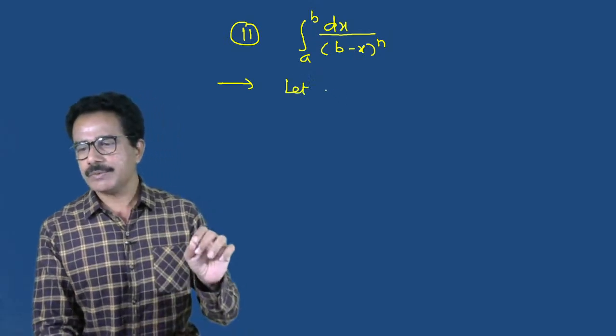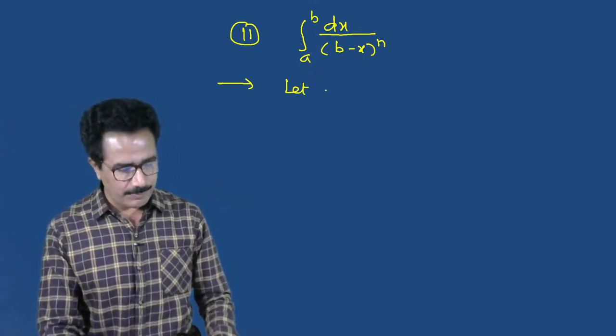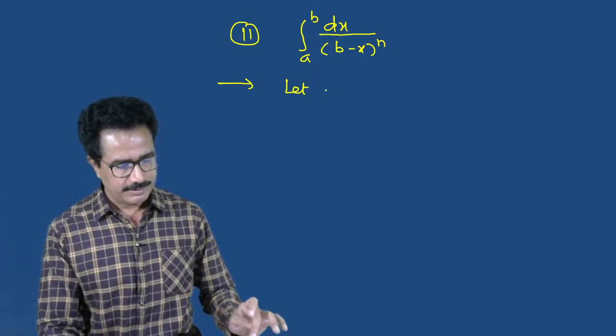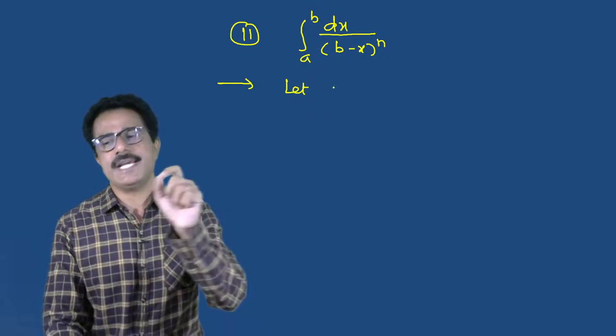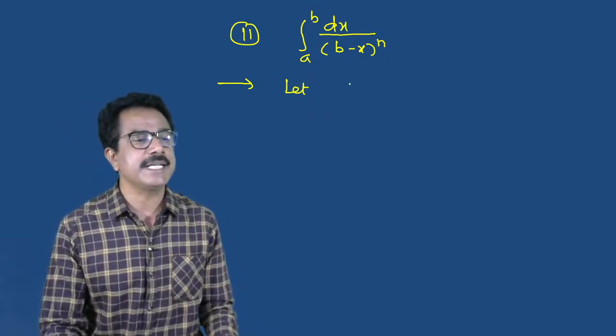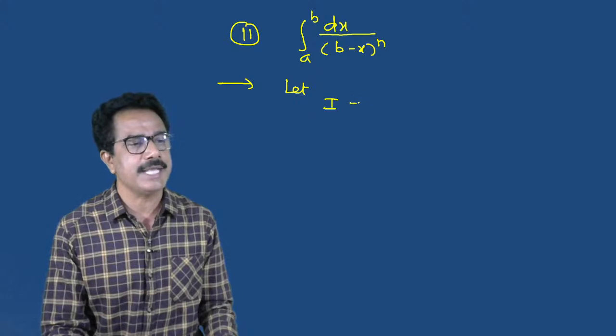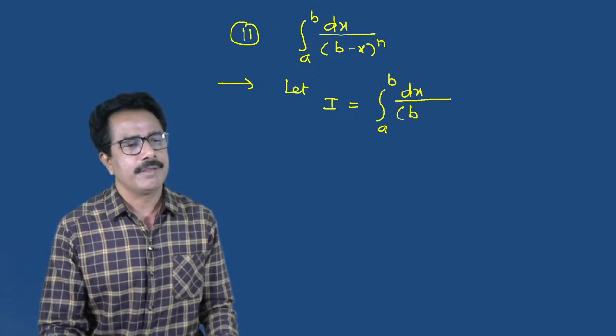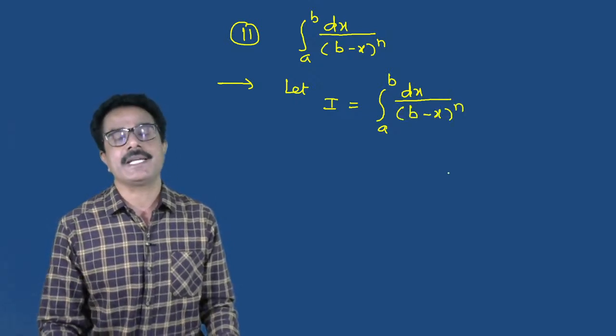Now you tell me students, this integral is improper at which end? I is equals to integral from a to b dx divided by (b minus x) raised to n.